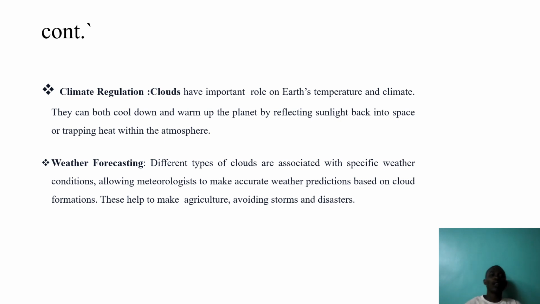This means that when clouds are there, they help us in regulating temperature. Clouds can help cool the earth, and they can help warm the earth by reflecting sunlight or trapping heat, where the heat from the atmosphere is trapped by the clouds.